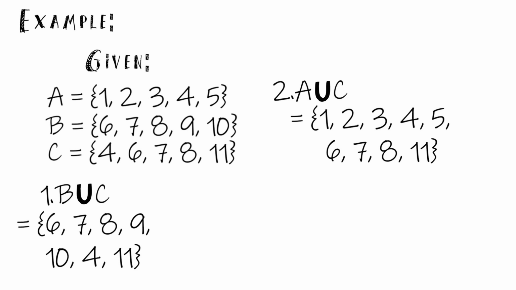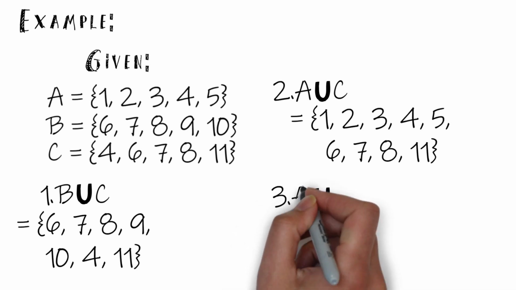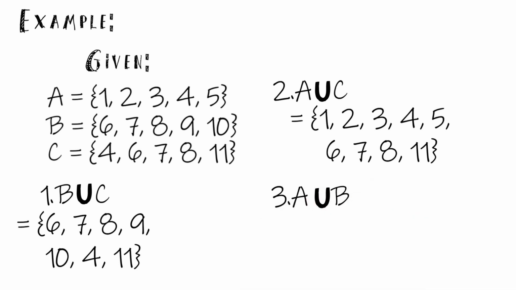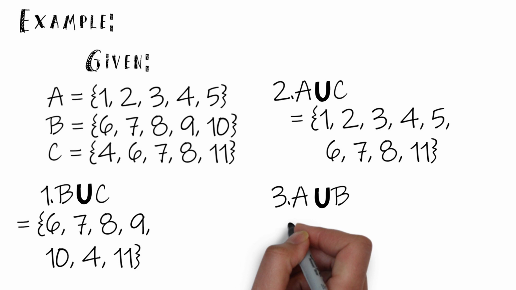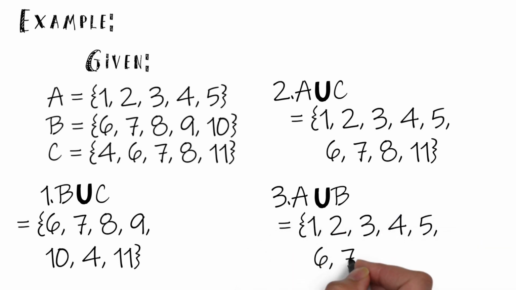So for number 3, we have the union of set A and B. So let us just list down all of the elements for set A and set B. So therefore, that would be 1, 2, 3, 4, 5, 6, 7, 8, 9, and 10. Okay, and that would be for our union of sets.